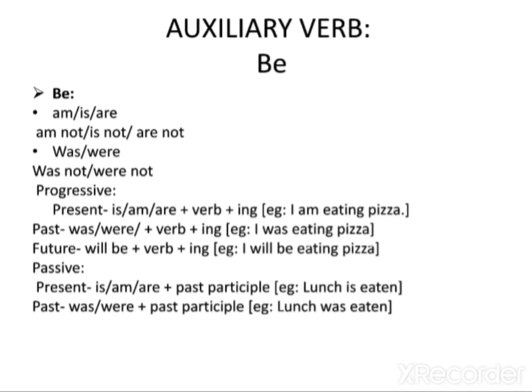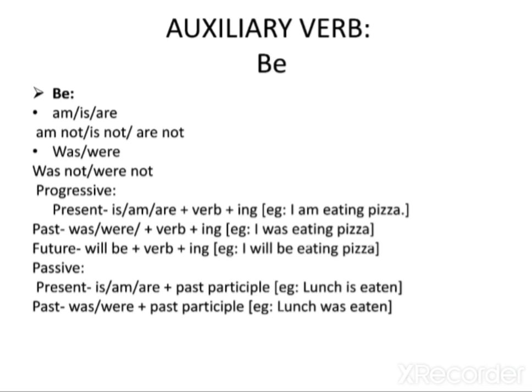When we use a passive sentence, we can only ever use the past participle of the verb or the third form of the verb. So passive will always be the verb to be plus the past participle.